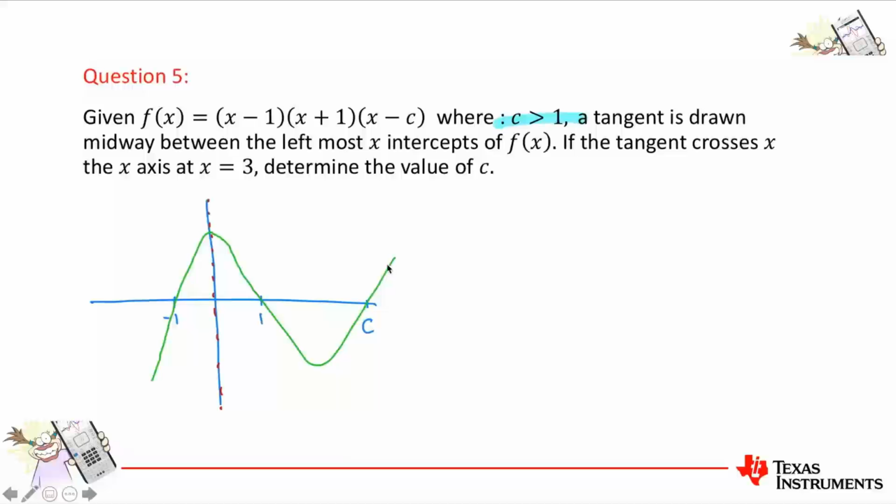So what I've drawn is a little sketch of my graph. I know it's a cubic function. I know the value of a in my cubic function, if I expand the brackets, will be 1. So I know its general shape is going to be increasing, decreasing, and then increasing. And I've shown on my graph that the third zero is at c.